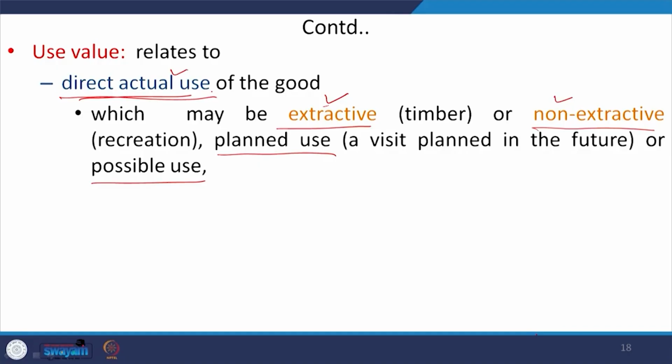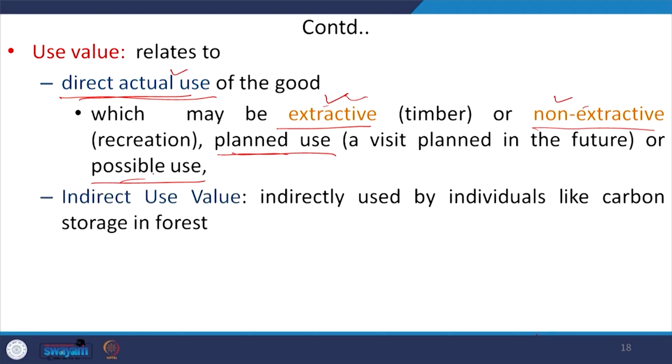The third one is possible use. You are not planning, but still there is a possibility you may use this good. So, these are the actual use values, based on whether it is extractive or non-extractive, planned or non-planned, or possible.